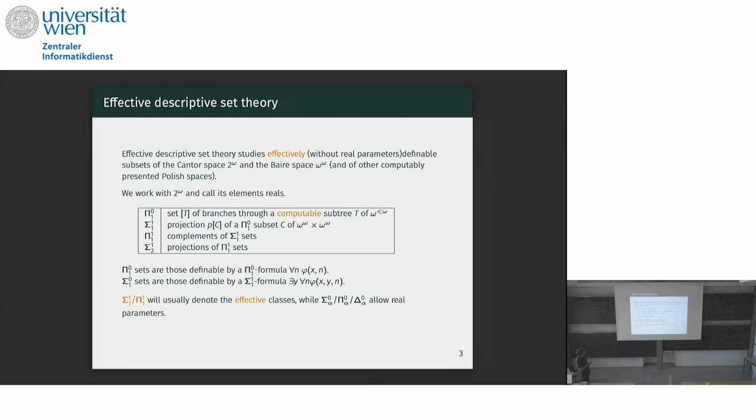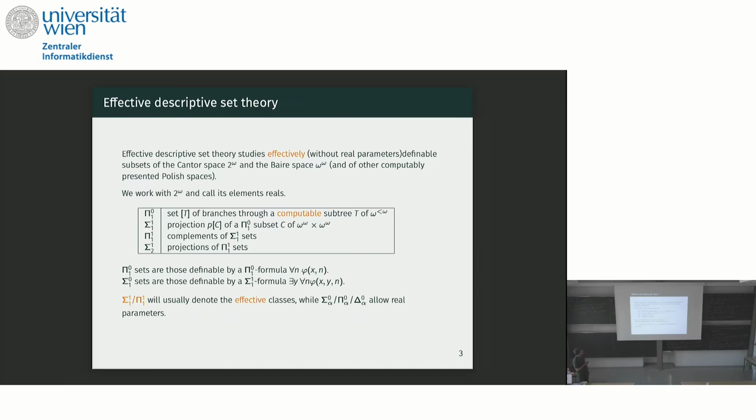So unfortunately in my slides, I can't distinguish between boldface and not boldface, sorry. I guess these sigma 1 1, pi 1 1, they're always going to mean without parameters on my slides, all right? But you can't see the difference. While when I talk about Borel sets, I'm going to allow parameters, right?